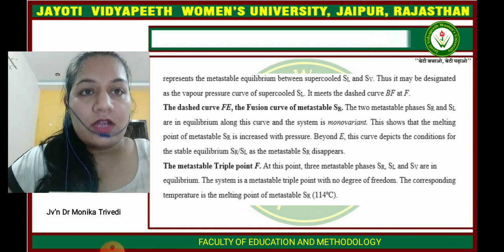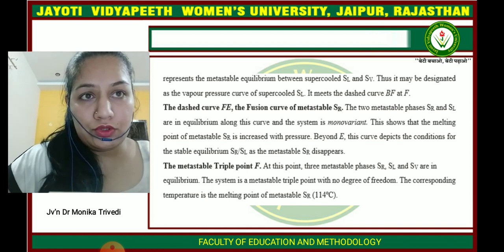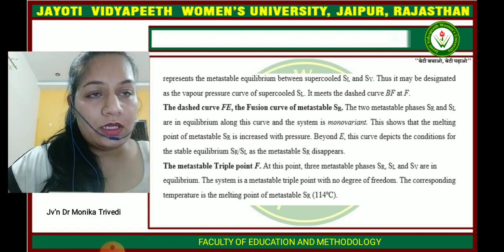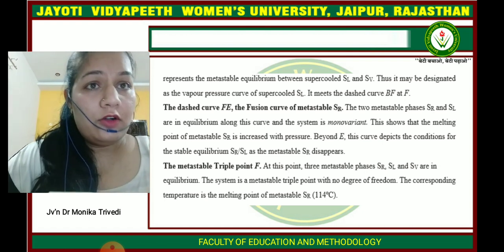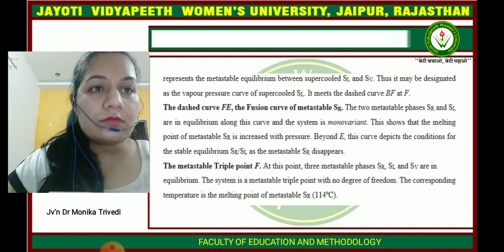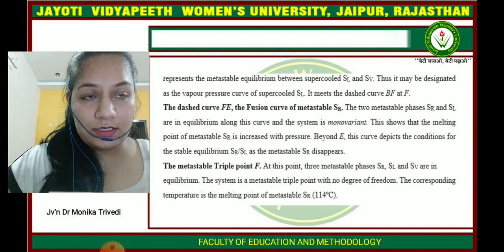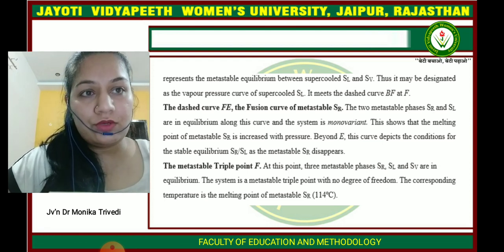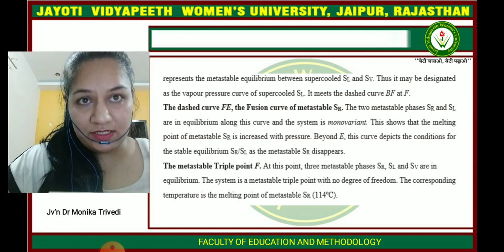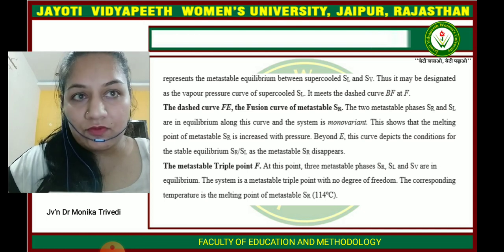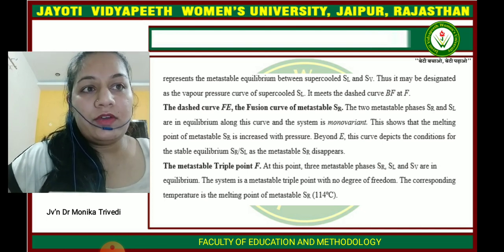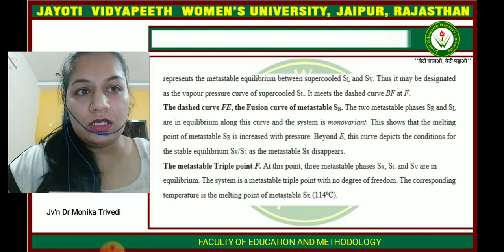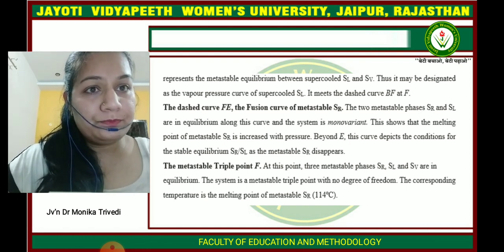Okay, for the dashed curve FE, which is also known as the fusion curve of metastable sulfur rhombic, the degree of freedom is 1, and the system is monovariant. At the triple point F, the three metastable phases, which are sulfur rhombic, sulfur liquid, and sulfur vapor, are in equilibrium, and the system is a metastable triple point with no degree of freedom.